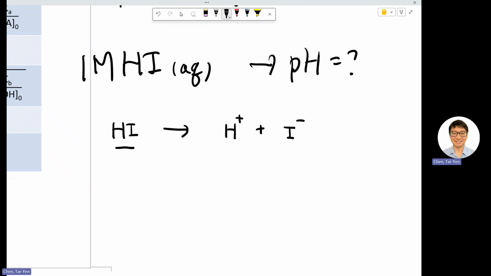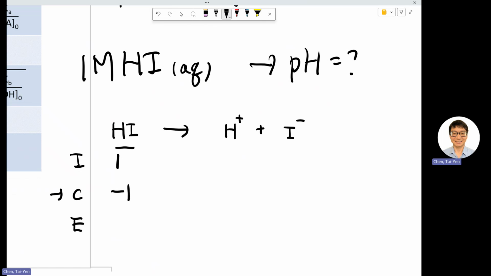Let's do this in the very standard way that people will tell you how to do it. In the beginning, you have 1 M of HI, right? And it starts to dissociate. Since it's such a strong acid, it's going to dissociate 100%. So in the change row, what do you write?